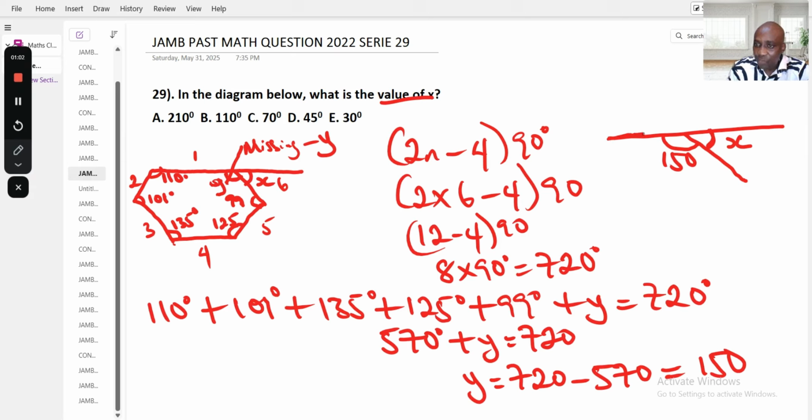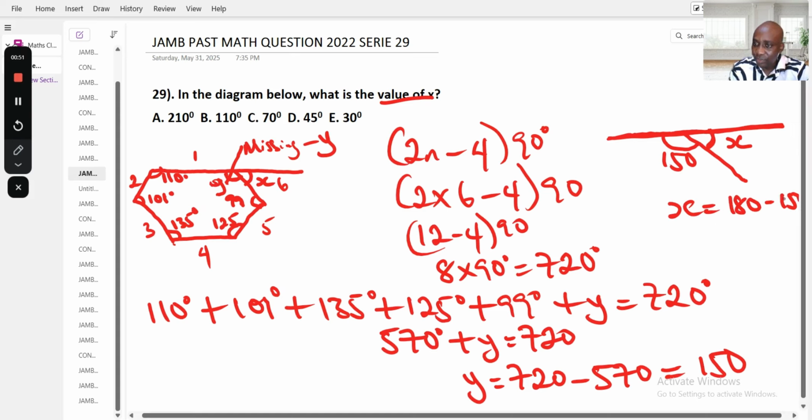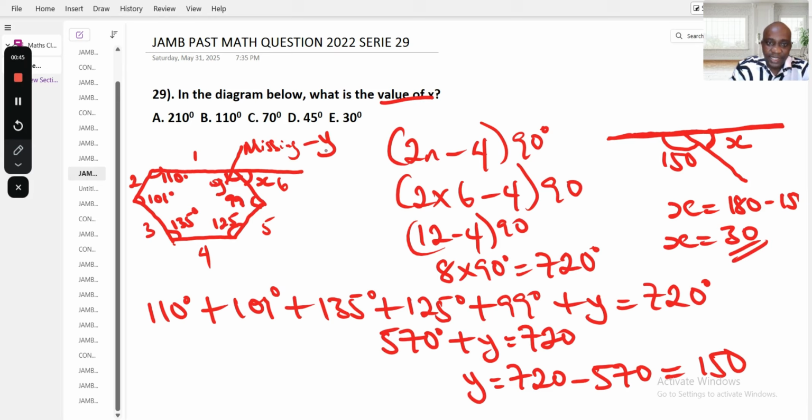This is the angle on a straight line. The sum of angles on a straight line is 180. 180 minus 150 is going to give us what? 30. Therefore, the value of x is 30. Do we have 30 there? Yes, E. Our final answer is E.